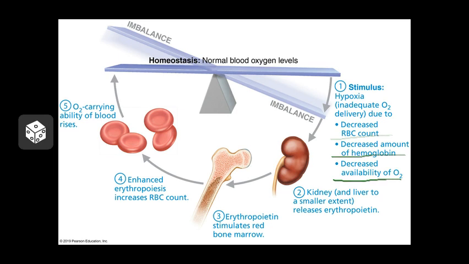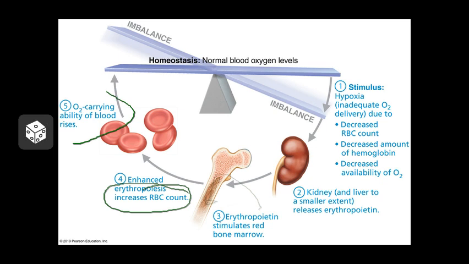There are sensors within the kidney and also a bit in the liver that detect hypoxia. That causes the kidney to secrete erythropoietin. Erythropoietin is a hormone, a ligand, that targets the red bone marrow, and it triggers an increase in the development of red blood cells through erythropoiesis.